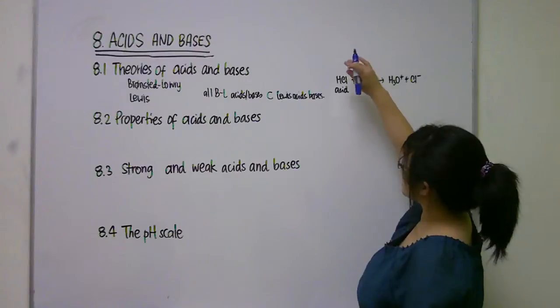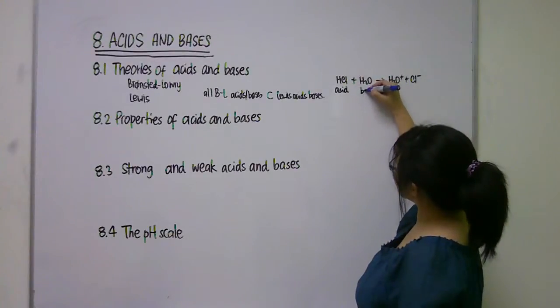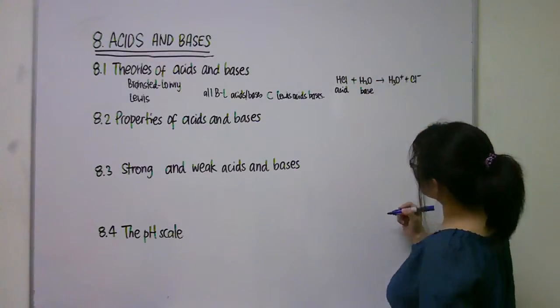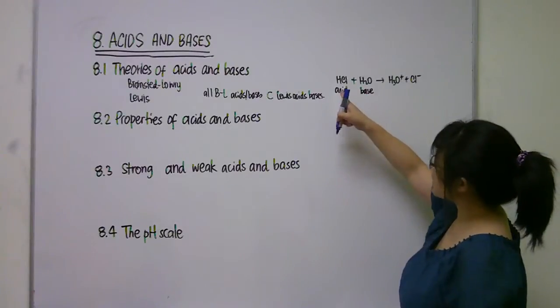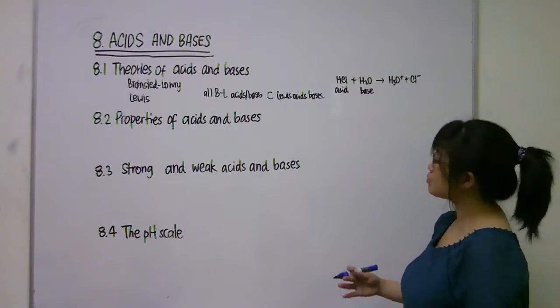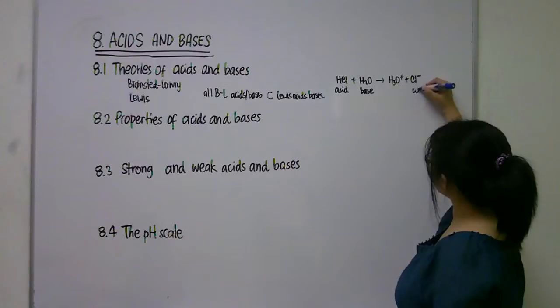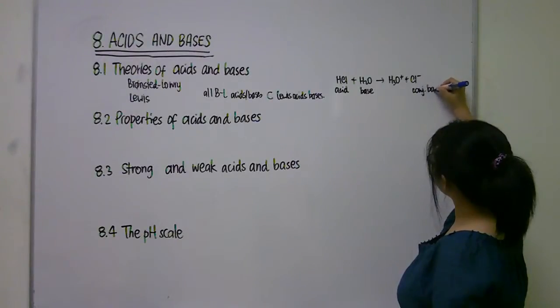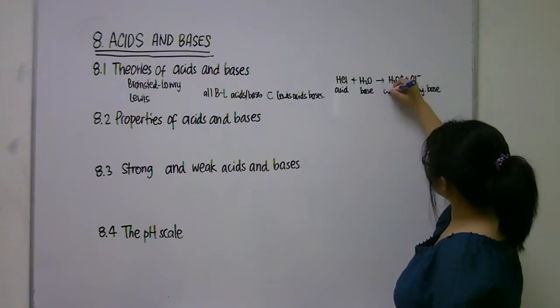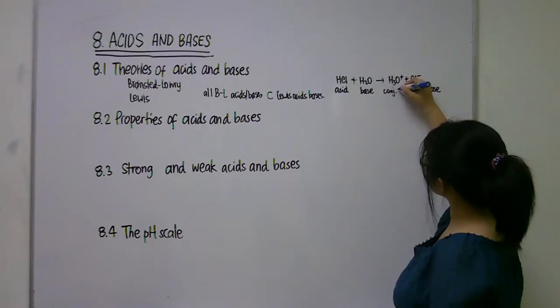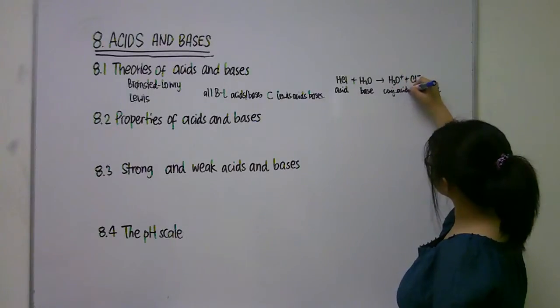Which means here HCl is the acid and water is the base. Okay, and after an acid donates a H plus or proton, it will become a conjugate base, and this is the conjugate acid.